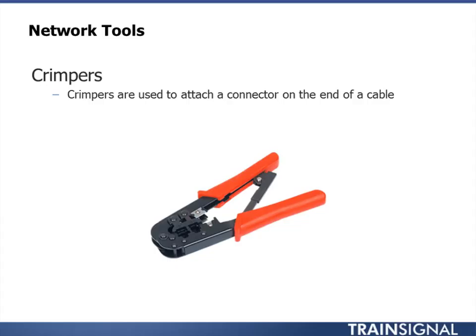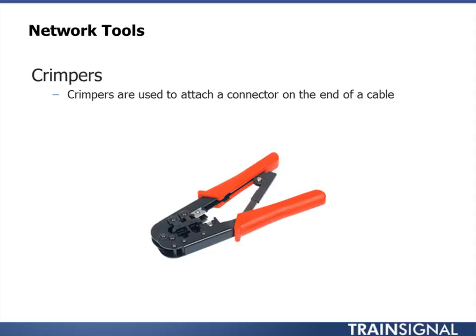This particular one is used for all three that I've mentioned so far. There is a section on this tool where you could feed a cable through and spin it around and only strip the outside insulation. There's a blade on this tool where you can just cut a cable altogether.